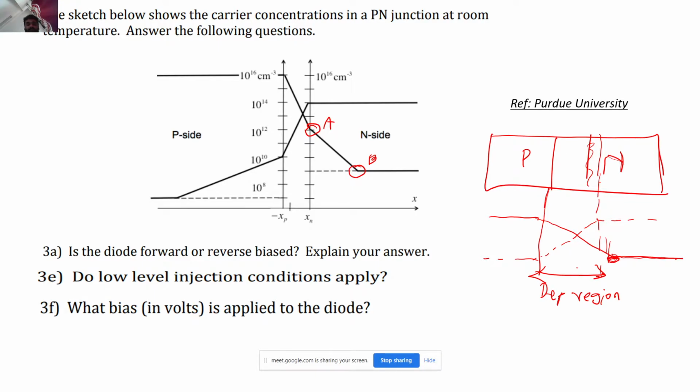They become minority carriers at point A, and the minority carrier concentration at point A is not equal to the carrier concentration at point B, correct? So there is a sharp difference between the minority carrier concentration at the edge of the depletion region and the carrier concentration far away from it. This is the reason you can say that the diode is actually biased.